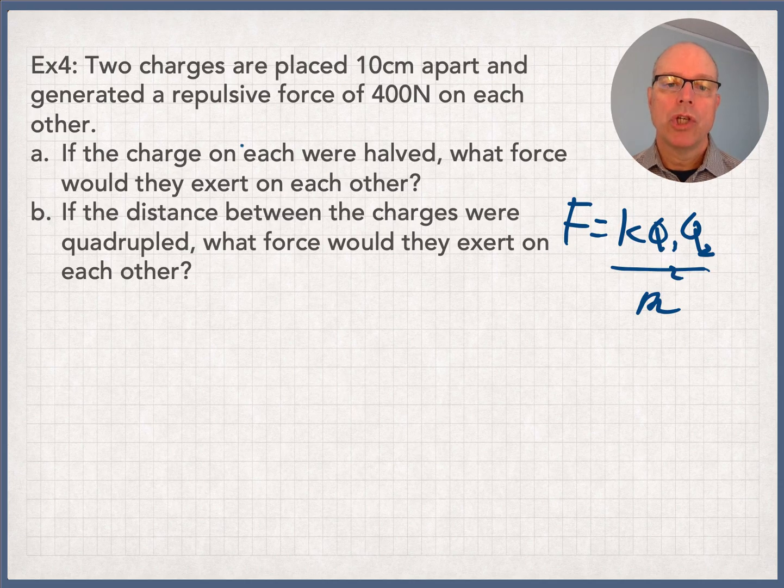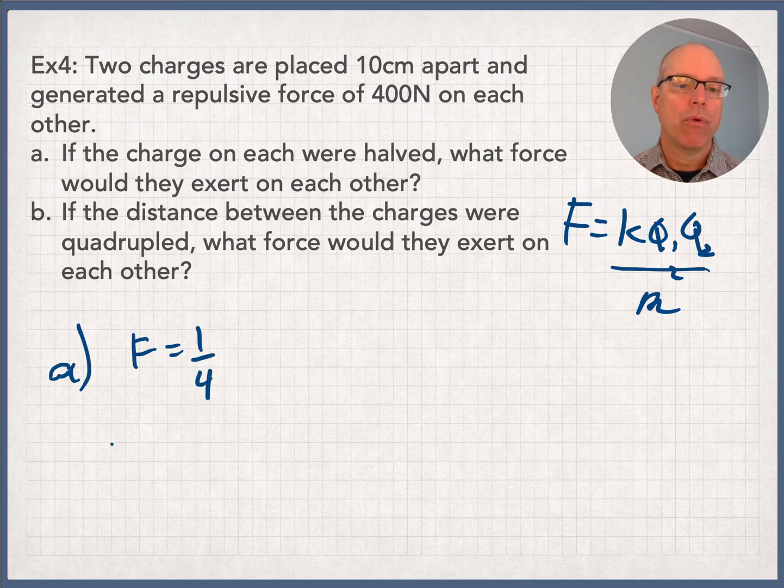So when the charges on each one are halved, that means they're cut in two. Every time you do that, you cut the force in half because the relationship between Q and F is that they're both to the first power. So the answer to A is that I cut both in two. What's going to end up happening is the force becomes 1/4 of the value that it had before.